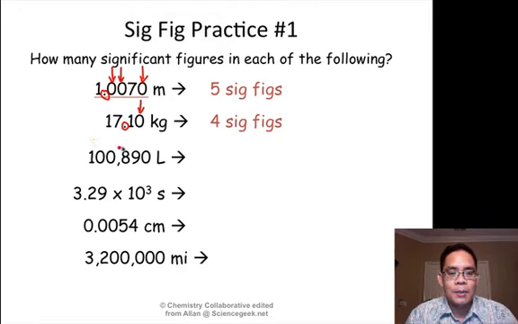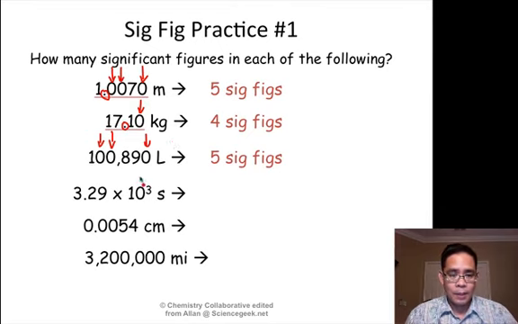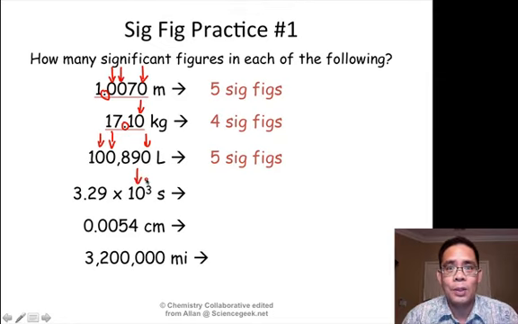And then this next problem over here, I've got a captive 0 again, and I've got a trailing 0, but because there's no decimal, this 0 doesn't count. That means I only have 5 sig figs on this one. Here, I don't have any zeros, and if you ever see scientific notation, do not multiply it out. That's rule number 1.